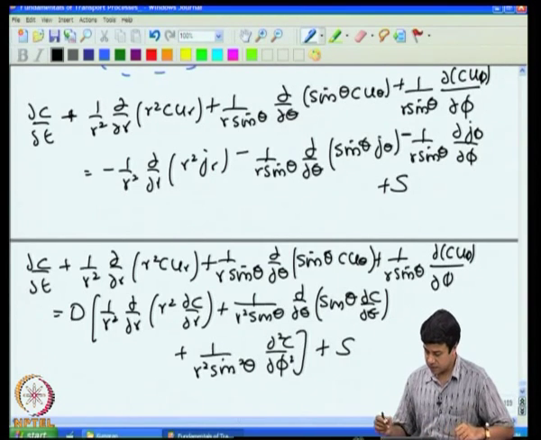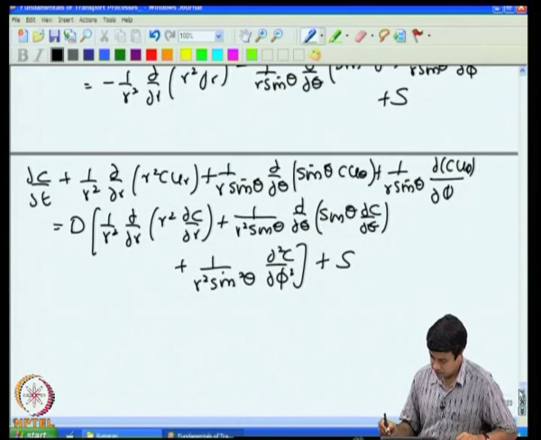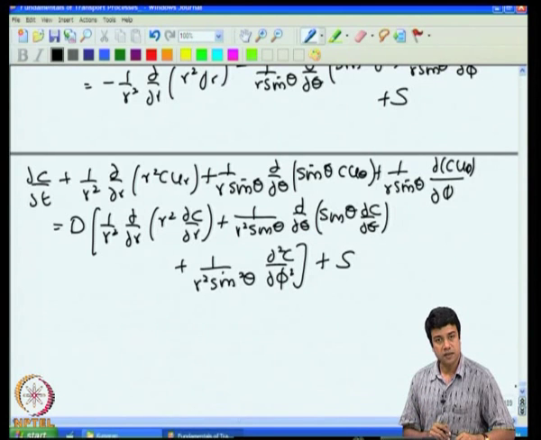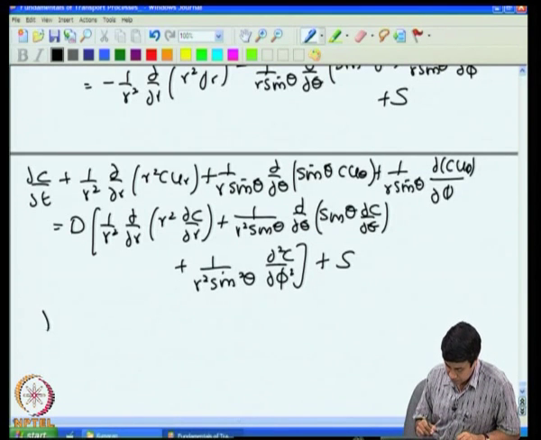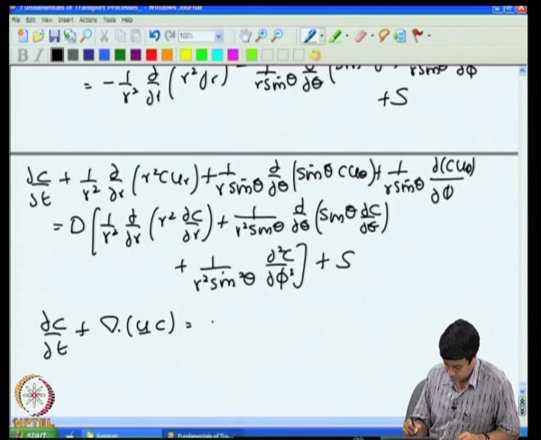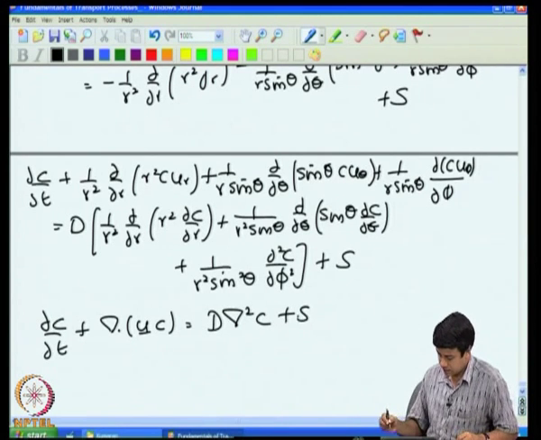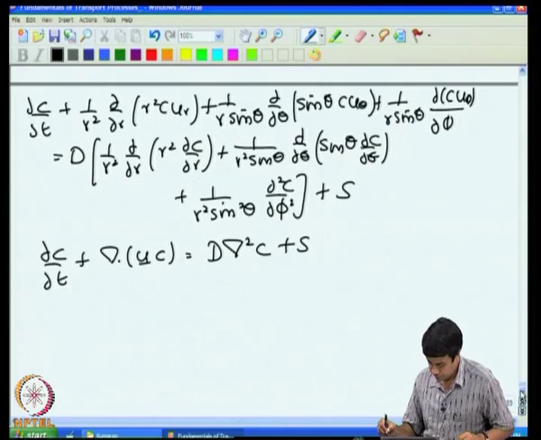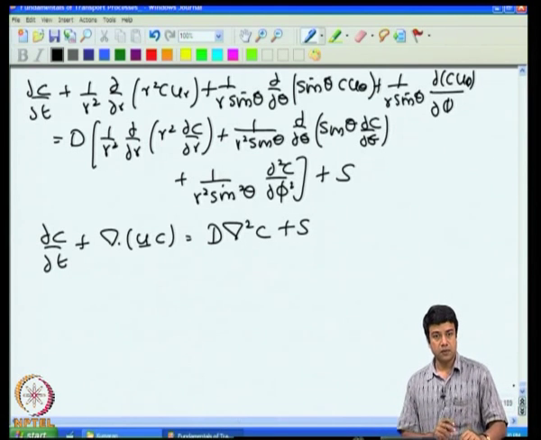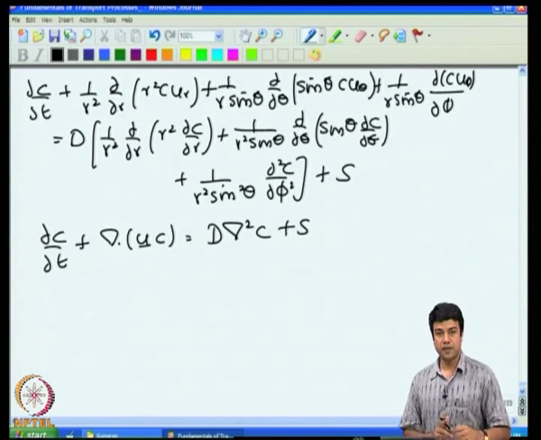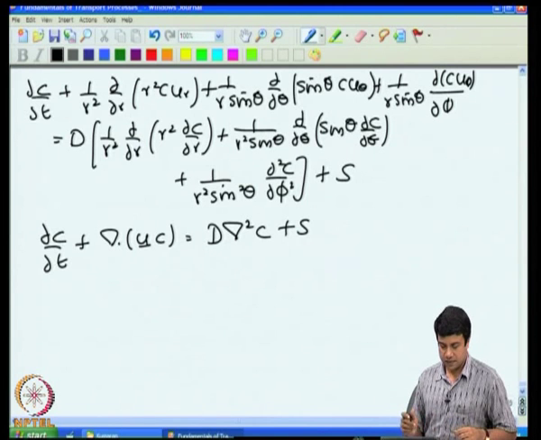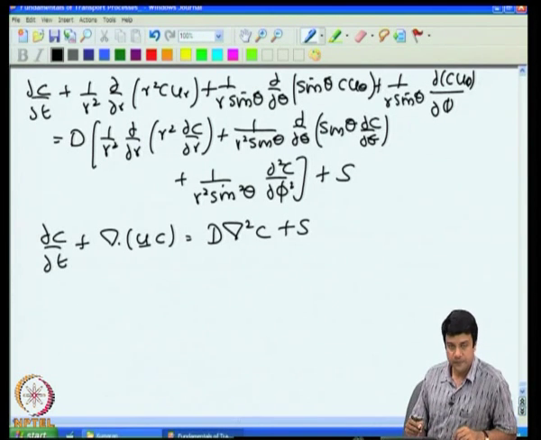Physically, this equation can be written as we had done in Cartesian coordinate systems as dc by dt plus del dot uc is equal to d del square c plus s. Only thing is that the operators now are slightly different. So, this is the concentration equation in terms of the concentration field.